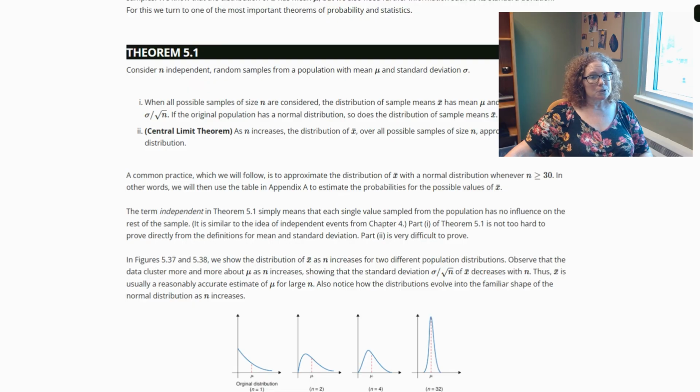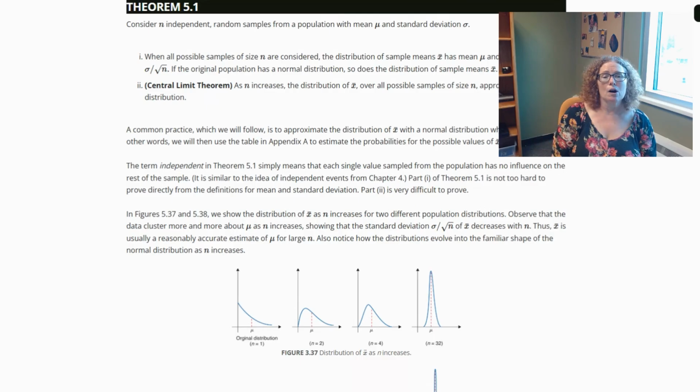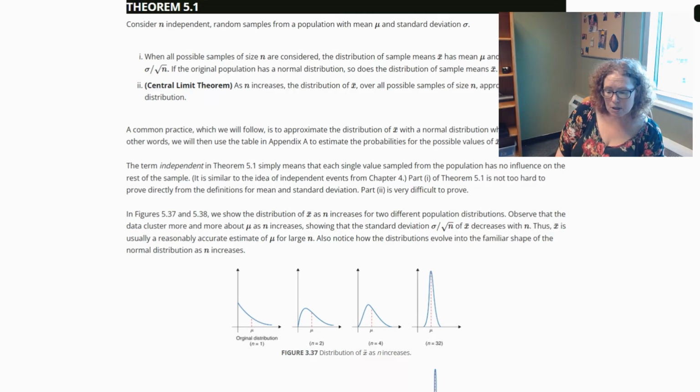So we are going to say, number one, as part of this theorem, when all possible samples of size n are considered, the distribution of sample means, x bar, has the mean mu and standard deviation equal to the standard deviation divided by the square root of the size.